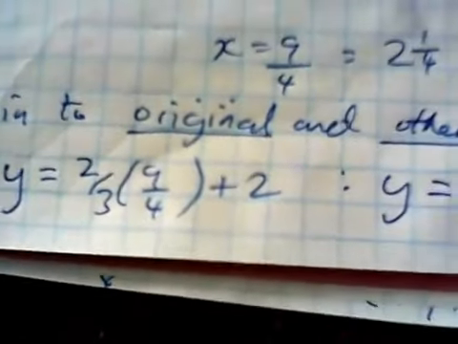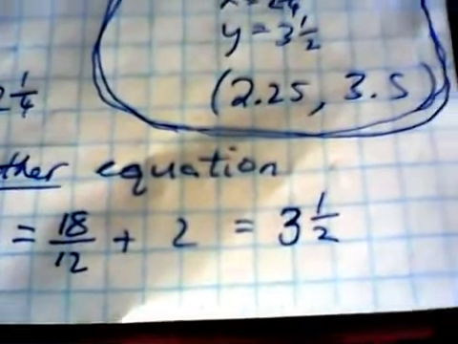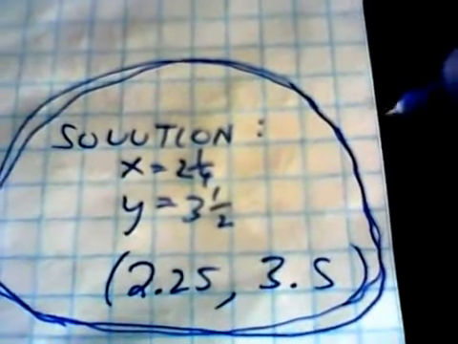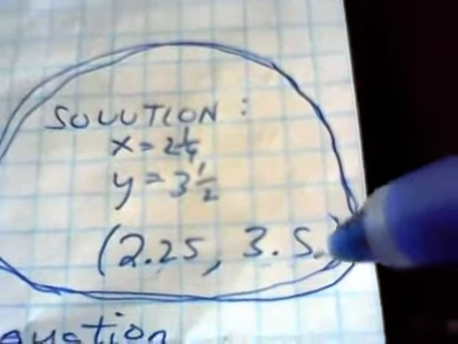So when you do that, you will solve for y, and you get y equals 3 and a half. So what we've got actually is a full solution here. We've got x is 2 and a quarter and y is 3 and a half. So they together are the coordinate of the intersection. That is the graphical solution.